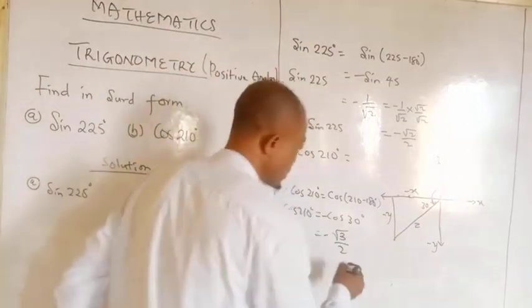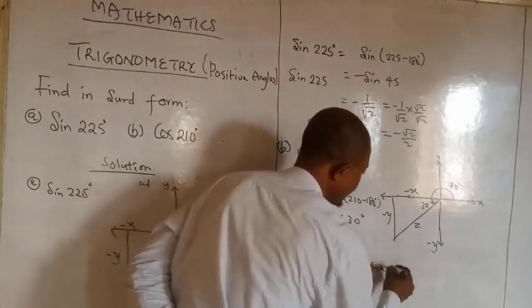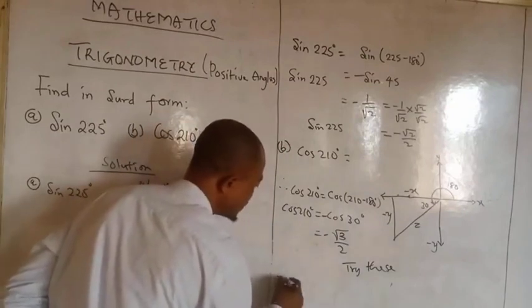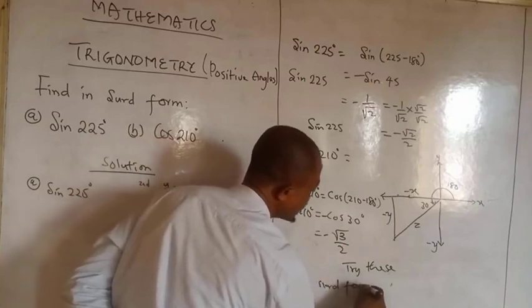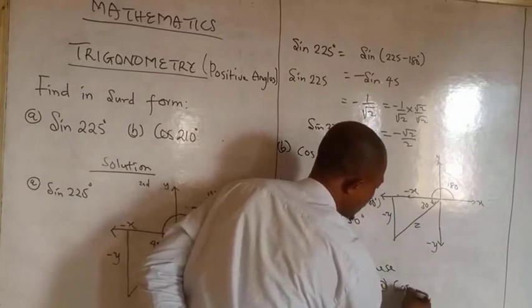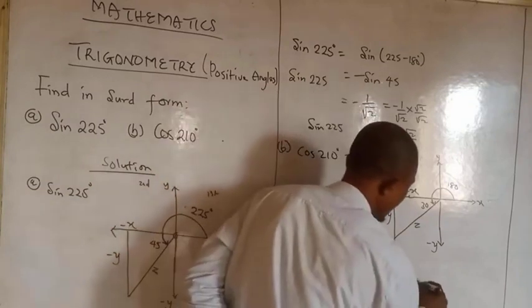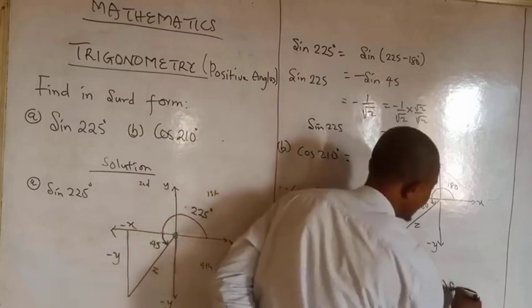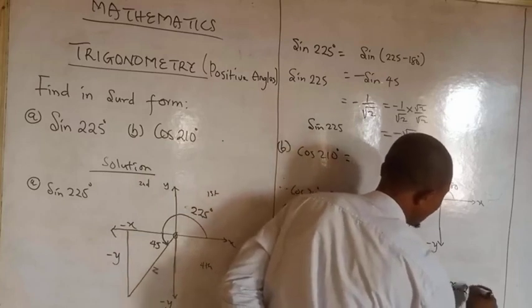So you can try this question. Find, in the third quadrant, A: cos 225, then B: sine 210.